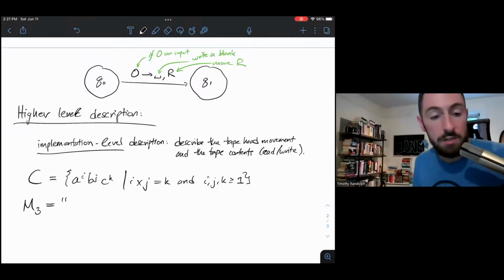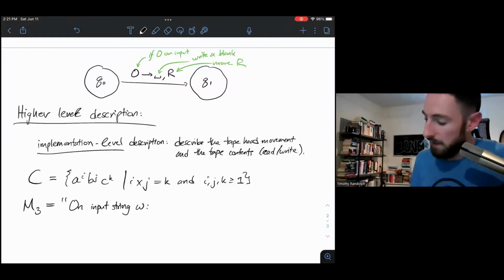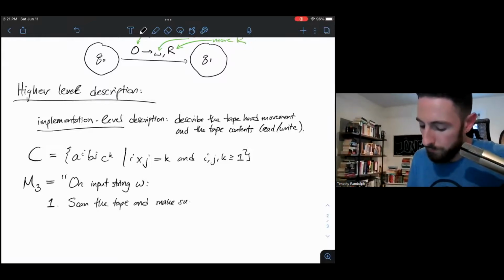I'll say my Turing machine M3 on a general input string w does exactly the following. First, I will scan the tape and make sure the input matches a+b+c+.